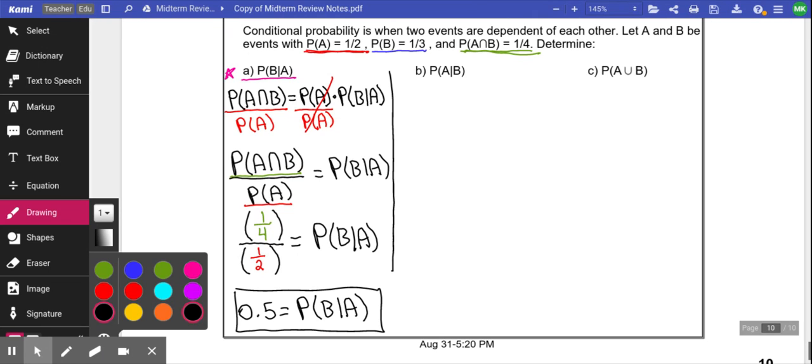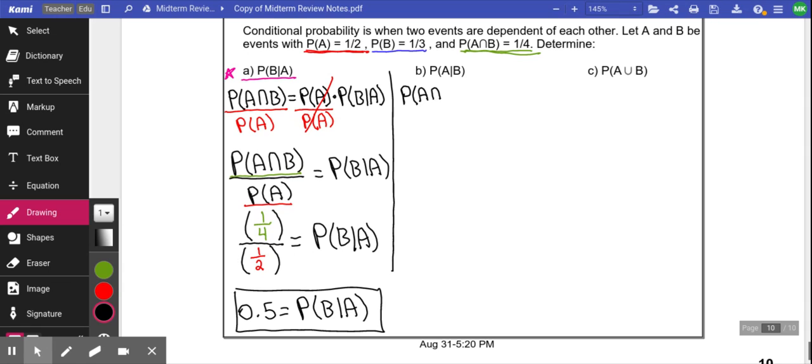Awesome. Let's look at B. So B says the probability of A given B happened. So they've reversed it. When you get that situation, your formula for dependent events needs to slightly change. Because now they're saying that the probability of B has happened.